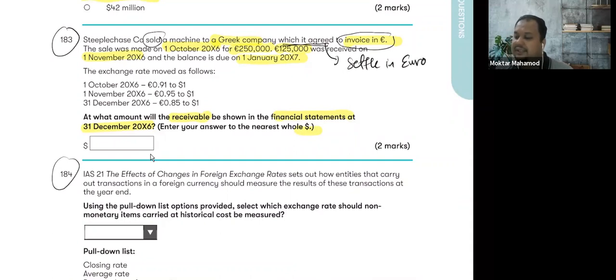So even though Steeplechase is the seller, Steeplechase agreed this asset to be settled in euro, meaning that Steeplechase is the one who is going to record the exchange gain or loss related to the payment made by the Greek company in euro.